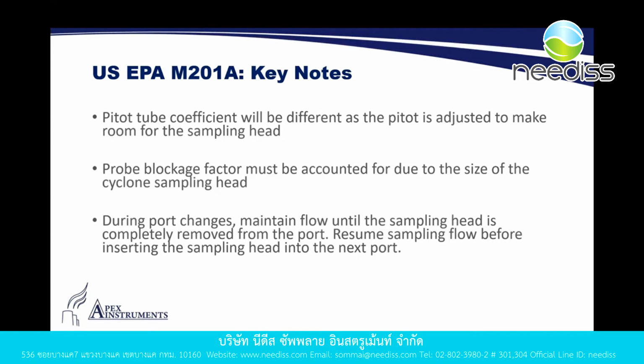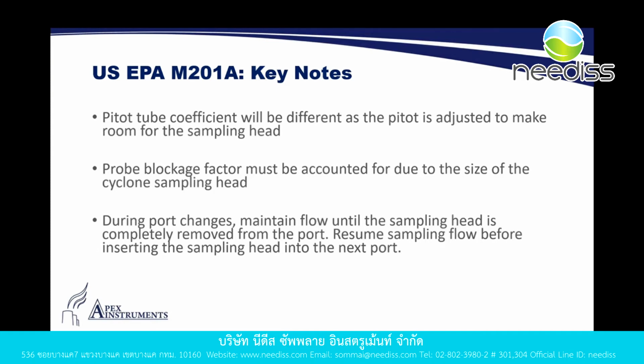This is different from Method 5, where once you've finished sampling your last point, you would actually turn off your suction, remove the probe from the stack, put it into the stack to your first point on the other side, then begin sampling again.